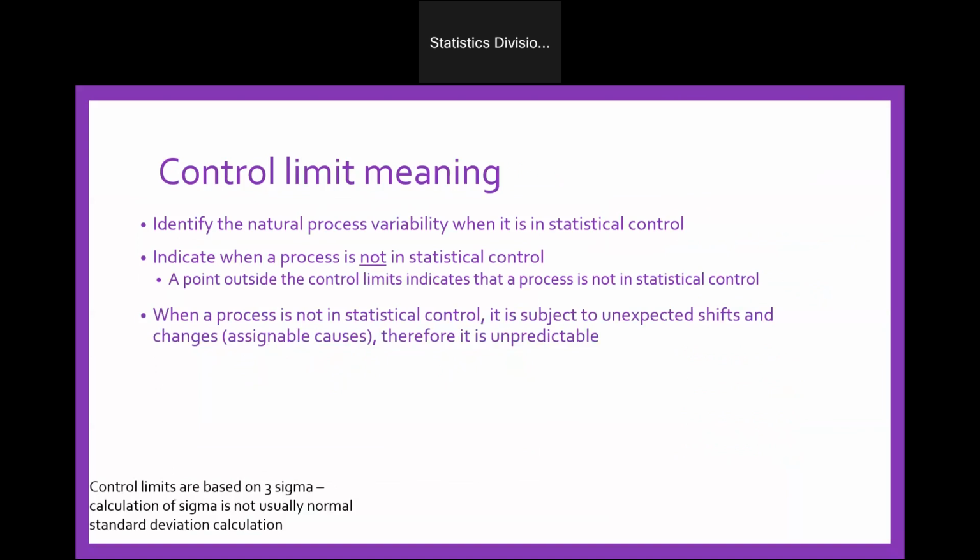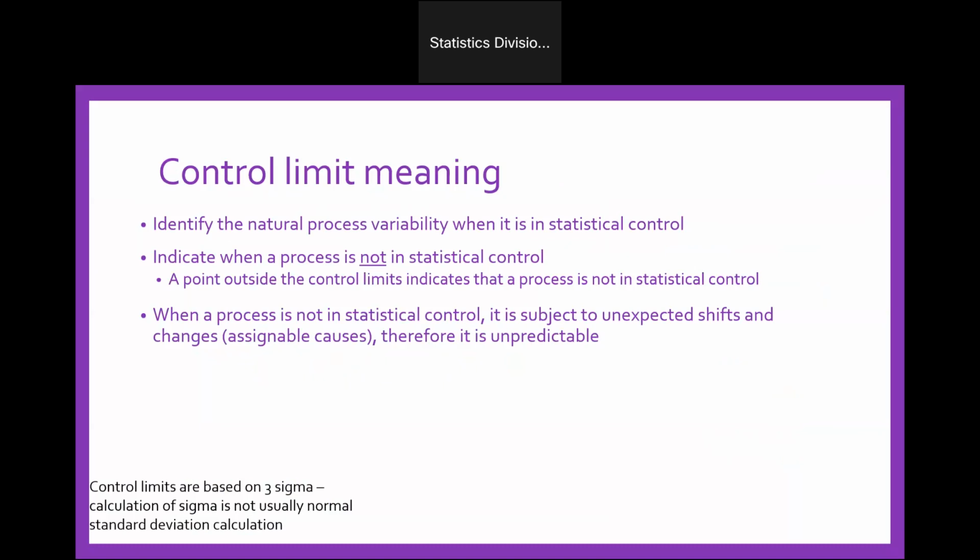Most processes have some chance factors that cause variation. There's always some variation in everything, right? And you can find what the variability of that process is with the control limits, unless there are other causes that cause it to be not in control and to be more unpredictable.